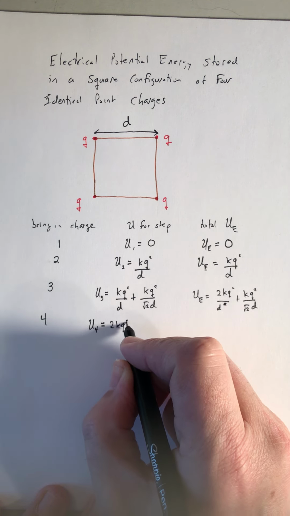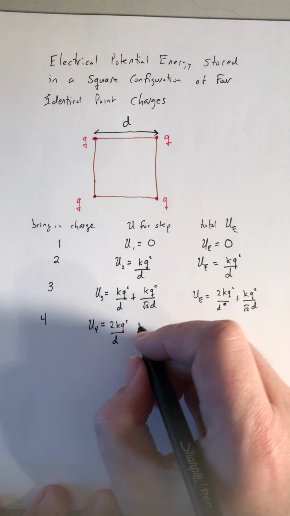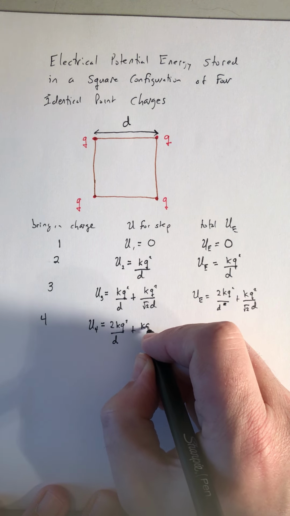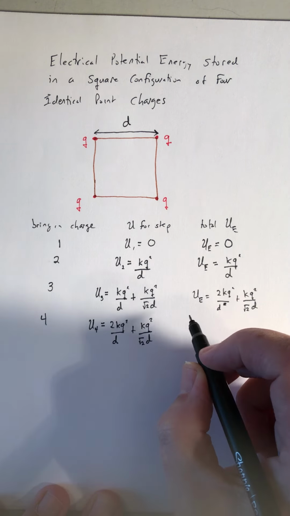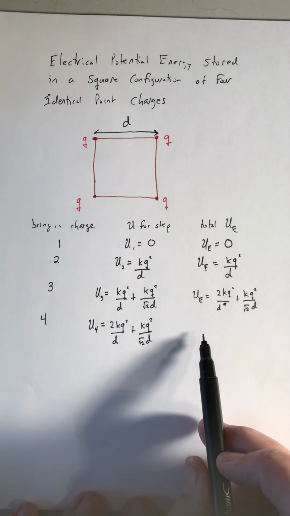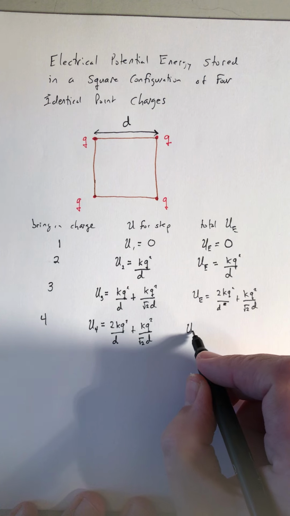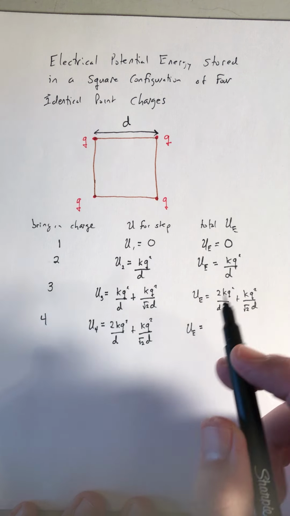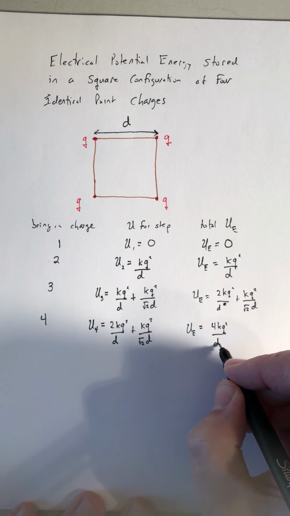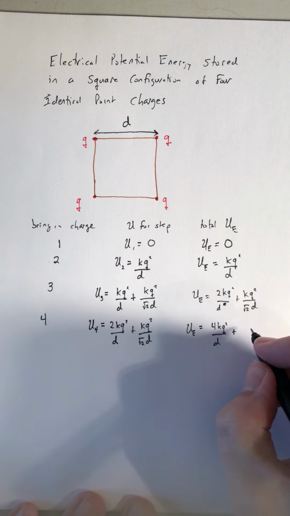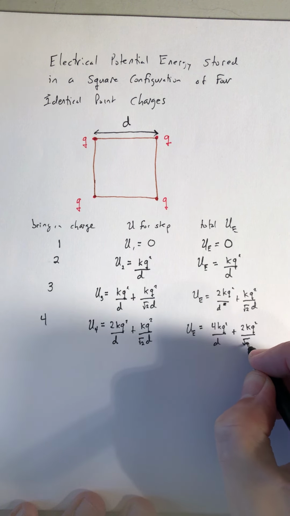It's 2kq squared over d. And then I have one term for going across the diagonal, plus kq squared over root 2d. And then to get our total potential energy stored, I'll add U4 into what our running total is. So we're going to have 4 terms that are kq squared over d, and 2 terms that are kq squared over root 2d.